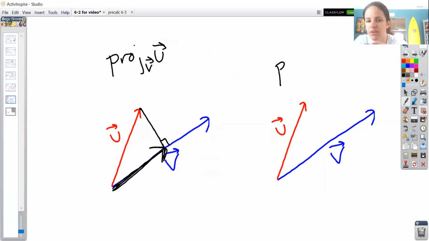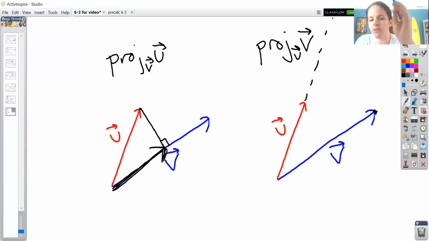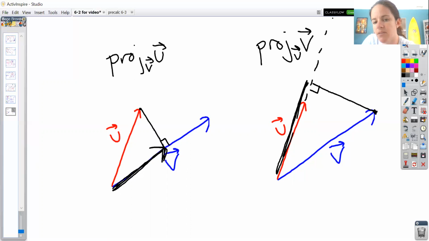But the projection of v onto u would be, I'm going to start at the tip of v and then I have to drop a perpendicular to u, which you can see is actually not going to be as easy as it sounds, because even the u component of v is longer than vector u. So I am going to just extend vector u so that I can look at the picture better, and then I'm going to drop where the perpendicular would fall.